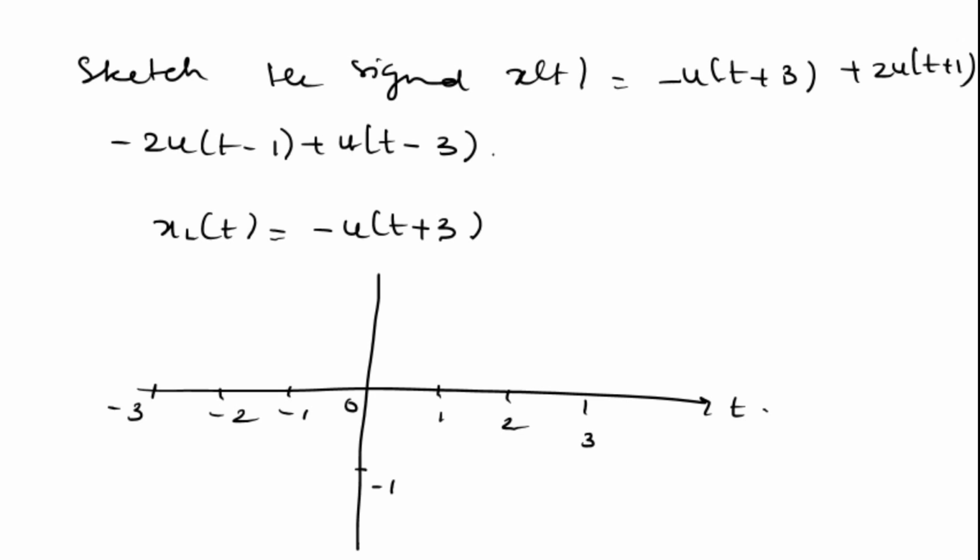with negative value minus 1, and so on. Next, we have to draw x2 of t as 2 into u of t plus 1.